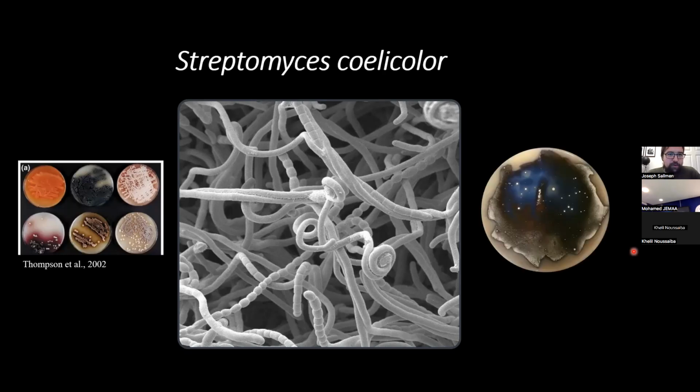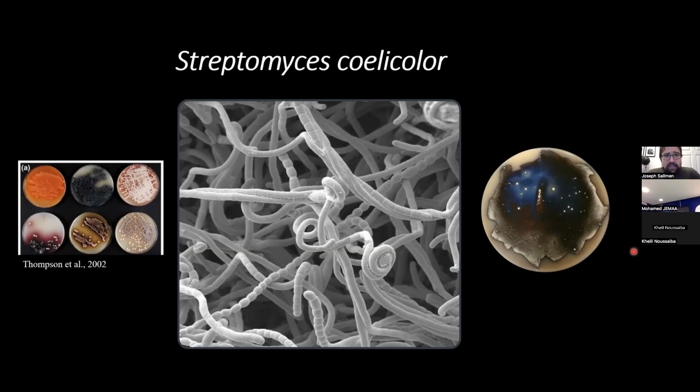I believe Barry Wilkinson gave a talk yesterday about antibiotics, so I'm sure he mentioned the awesome power that Streptomyces have to produce antibiotics. Here I'm just showing you a few of the different colored antibiotics that Streptomyces coelicolor, which is just one specific species, produces.